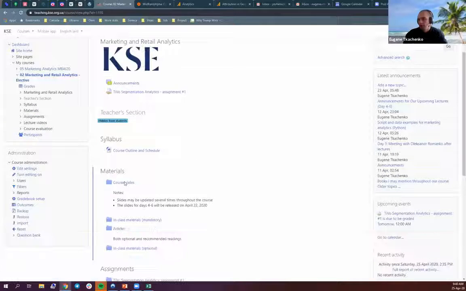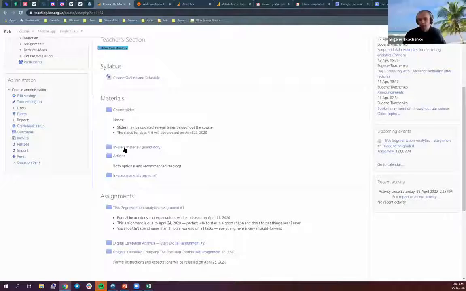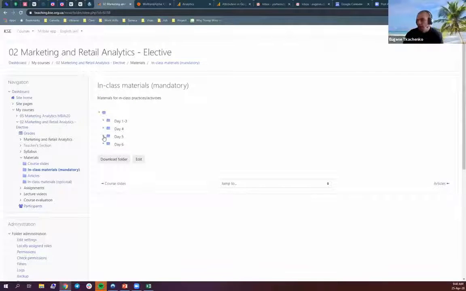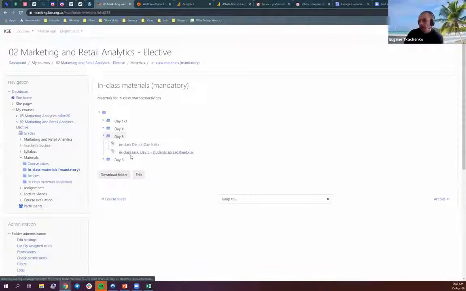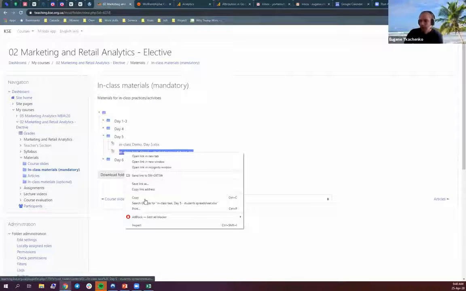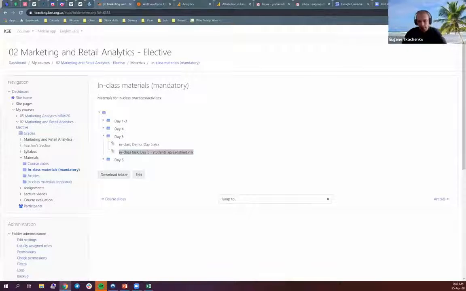I'm just opening it with you together. In-class task, day 5, student spreadsheet. That's the name of the file you need to download and open. I'm copying and pasting it so you can refer to it.